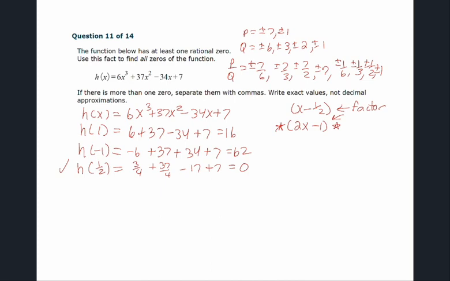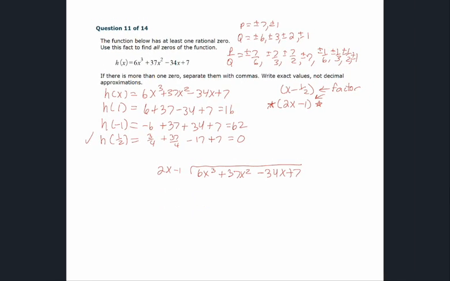Your answer will be off by a factor of 2. So it just is safer when you get a fractional answer to put the denominator on your x and divide that out. So we're going to divide: 2x minus 1 should evenly go into 6x cubed plus 37x squared minus 34x plus 7.